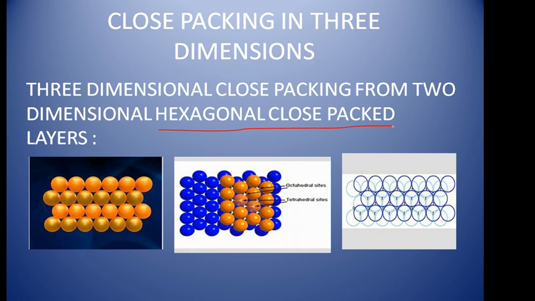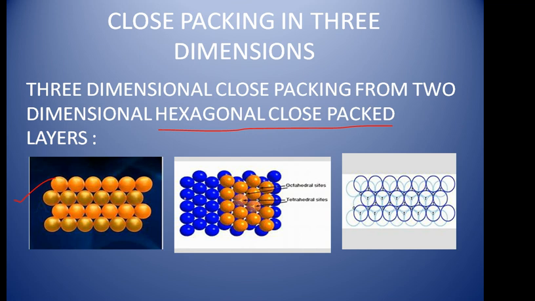See this carefully. This is a very important part to understand. This should be very clear to you. This is the hexagonal close packed structure in 2 dimensions. Now you have to stack another layer over it.